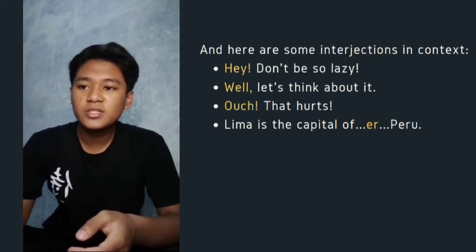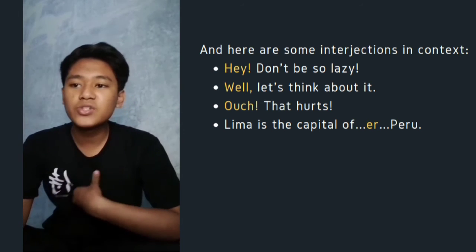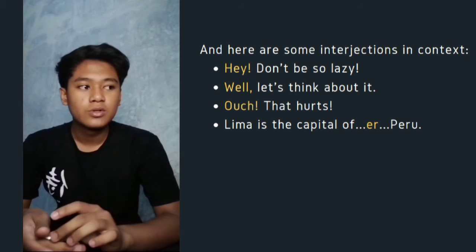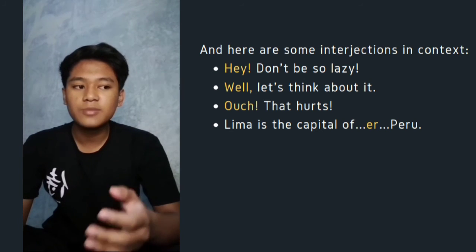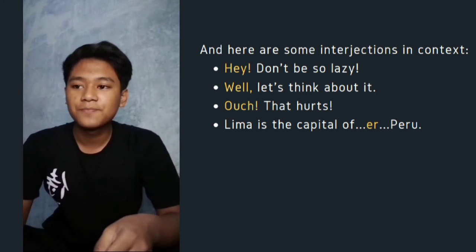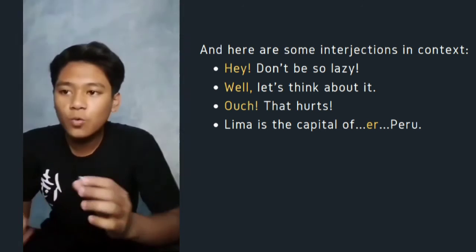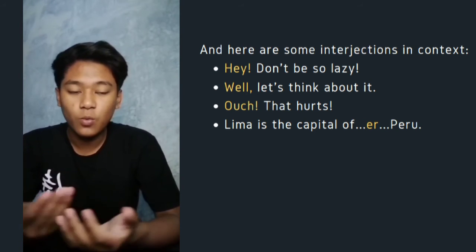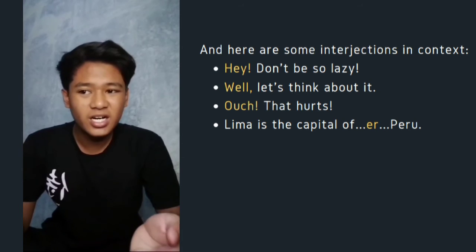Hey, don't be so lazy. Hey here is our emotion to call someone, like an imperative sentence. Look at the second example. Well, let's think about it. Ouch, that hurts.